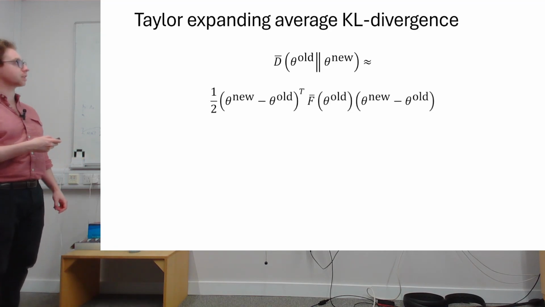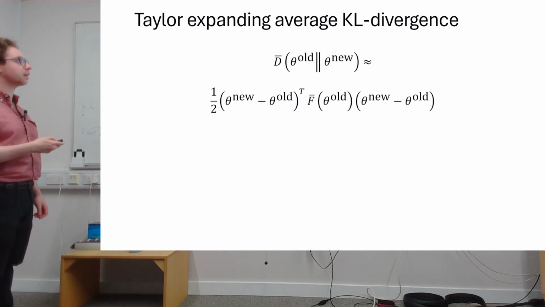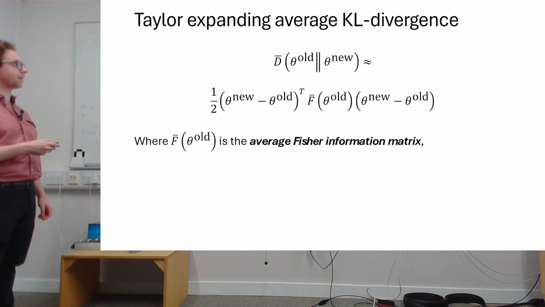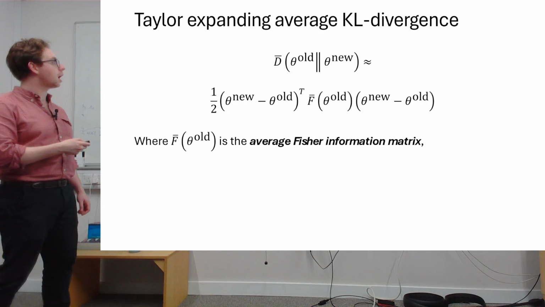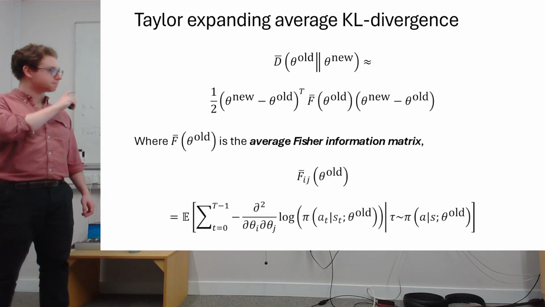It looks like this: a quadratic with a half out front of theta new minus theta old, and the matrix in this quadratic is called the average Fisher information matrix. The bar again indicates an average, and we have F bar theta old, the average Fisher information matrix.